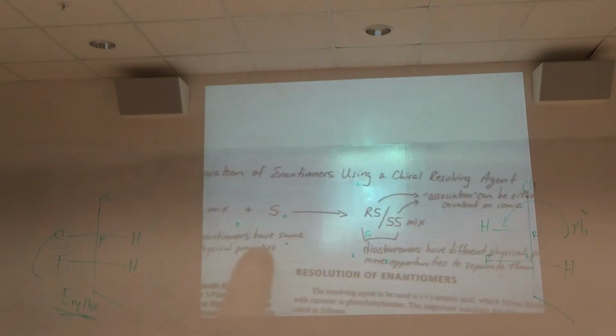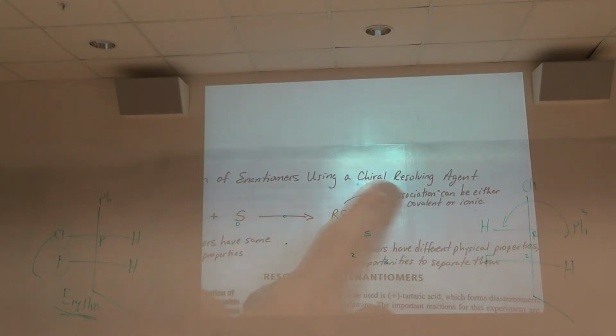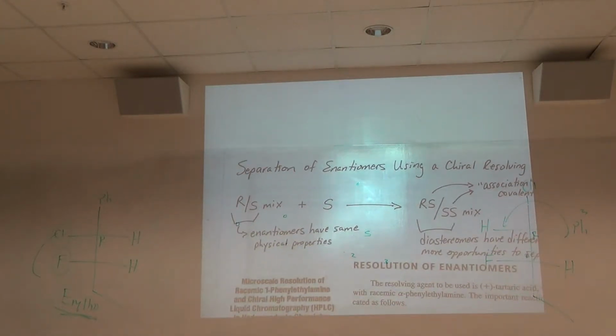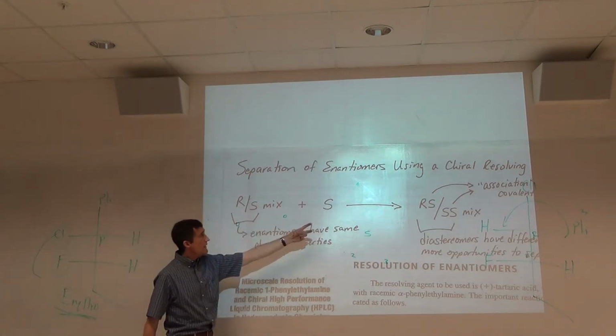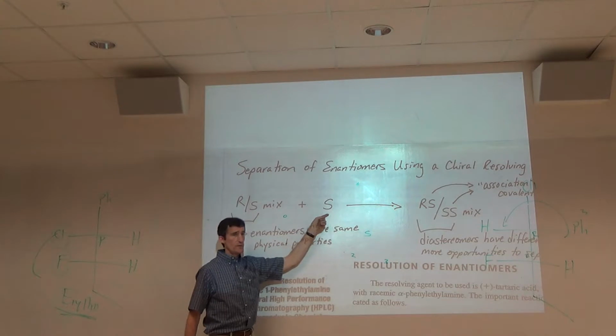On the back, here's how you do it. One way: you can separate enantiomers using a chiral resolving agent. If you have a mixture of R and S, let's throw in another molecule. It's all S. Now you might say, well, how was it separated?